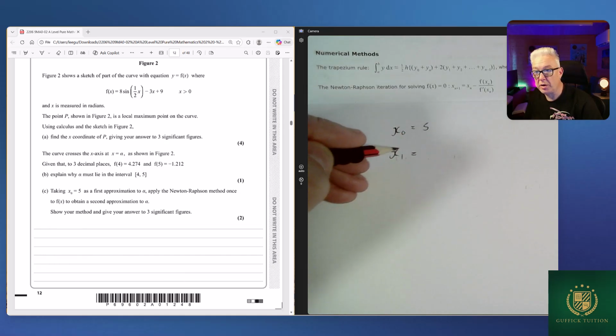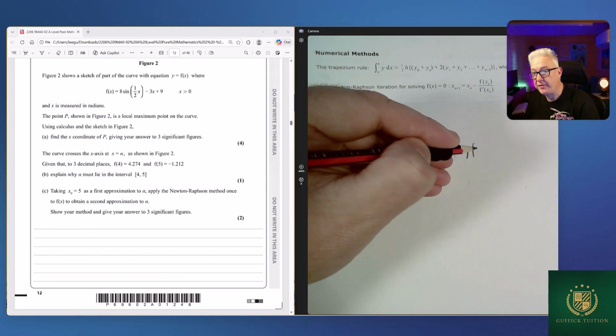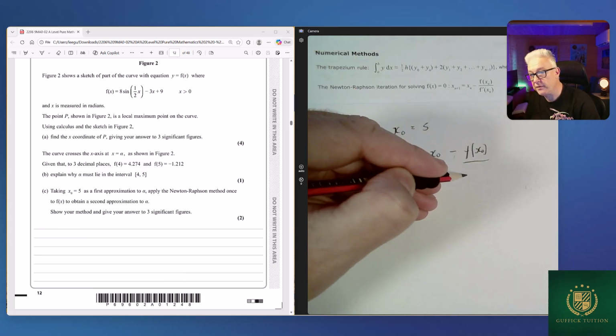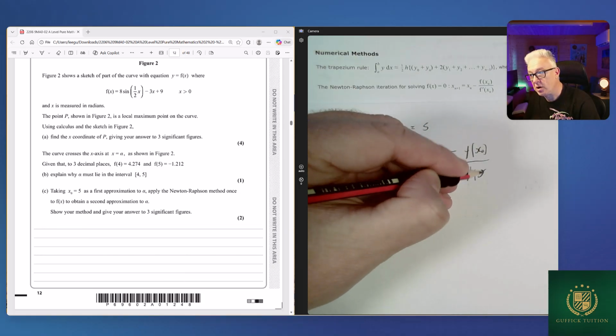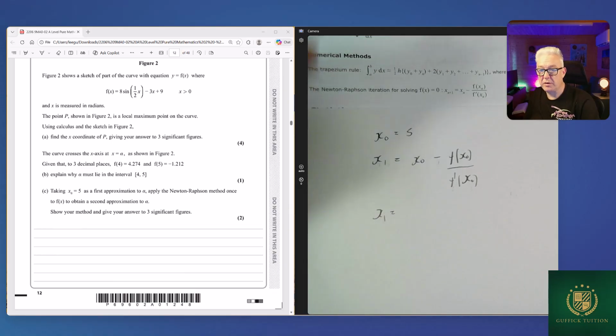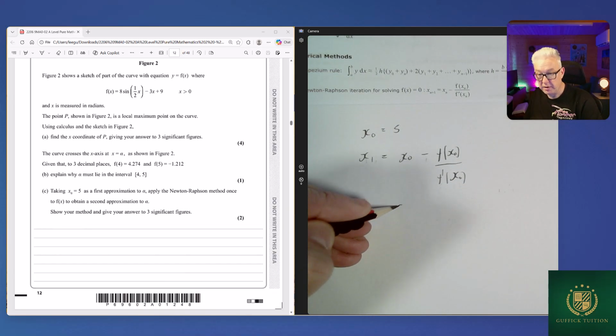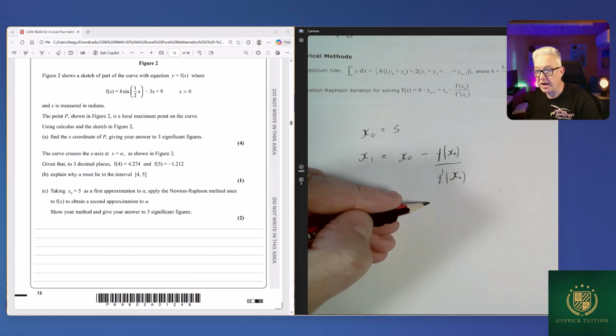So x1 is going to equal x0 minus f of x0 over f dashed of x0. So that's what we need. So x1 is therefore going to equal x0, which is 5, minus f of x0 over f dashed of x0.